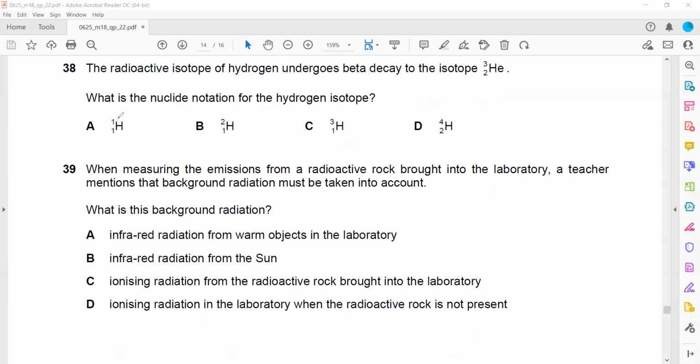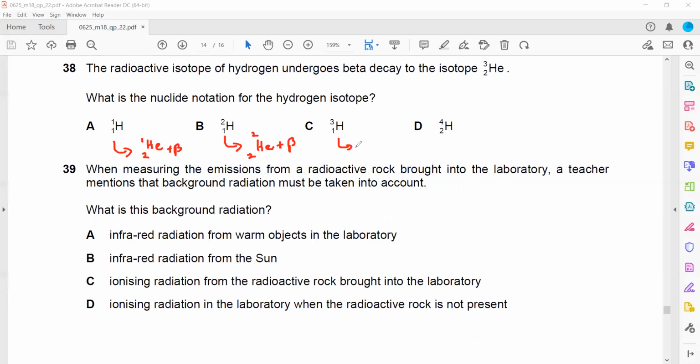Like if this particle undergoes a beta decay, then what should be the product? The product's atomic mass does not change, it remains the same, but atomic number increases by 1. So this should be the result. If this undergoes a beta decay, atomic mass does not change and atomic number increases by 1.